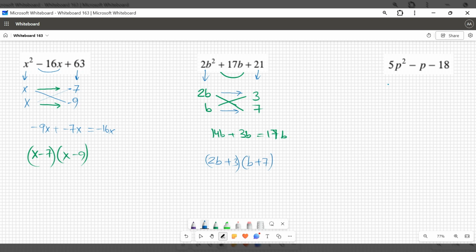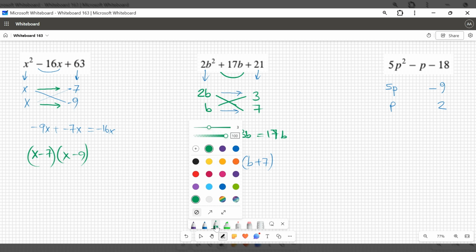Now let's try here. The third term is negative, so it might be a little more complicated than this. But 5p and p, there's only one combination. Let's try 9 here and 2 here. Okay, and one of them needs to be negative because 9 times 2 is positive 18. So I'm going to put a negative sign here on purpose because it's going to be wrong.